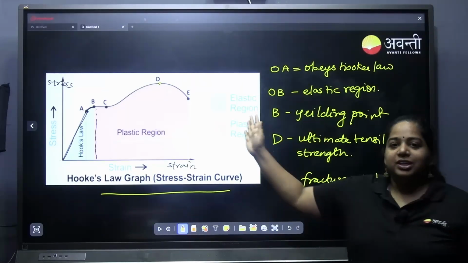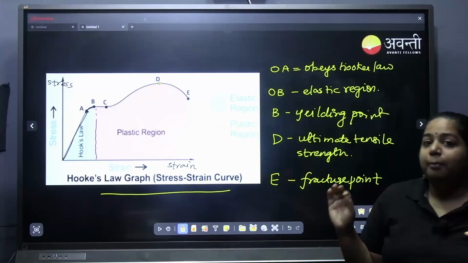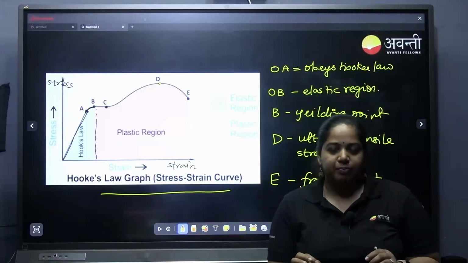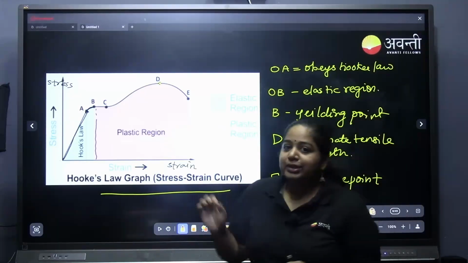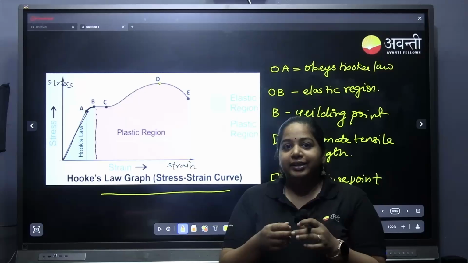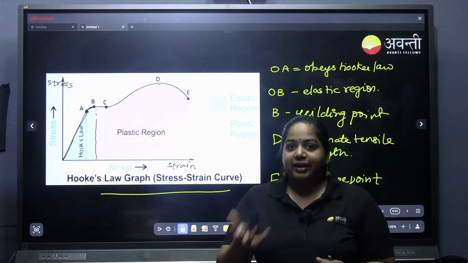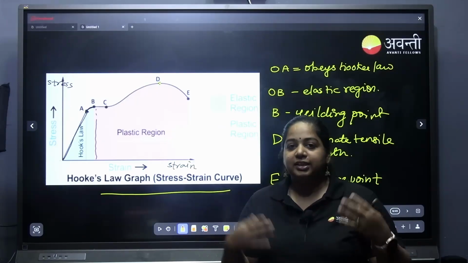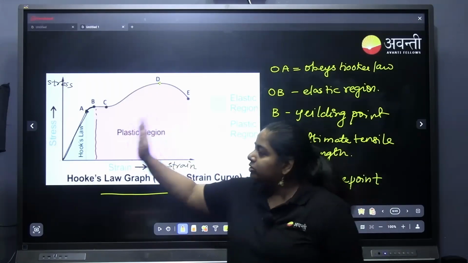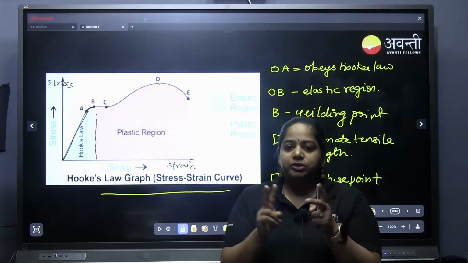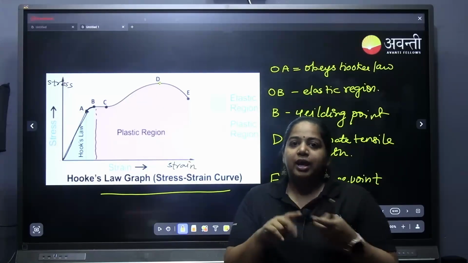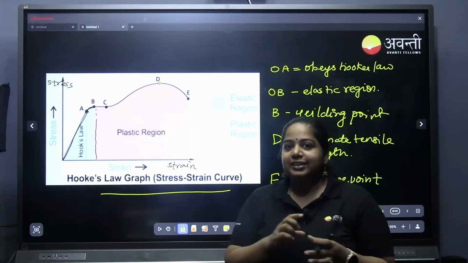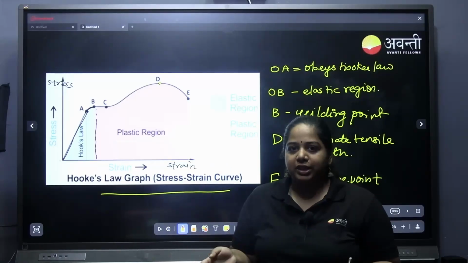Based on this graph, you won't get any numerical, but you will get conceptual questions. Some objects are very malleable and ductile, which means their elasticity is good. There are two terms that you should know: elastic objects and plastic objects. Plastic doesn't mean the plastic we use.